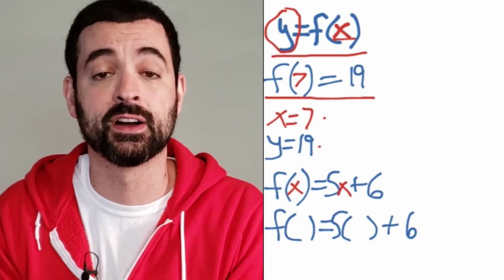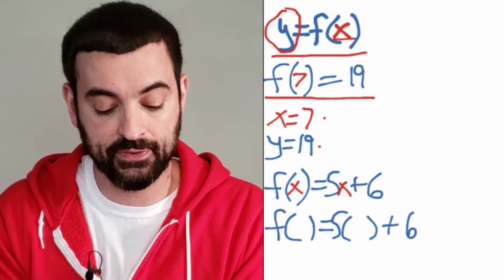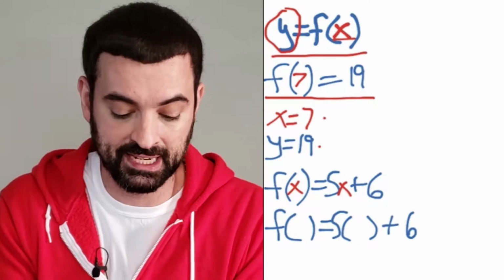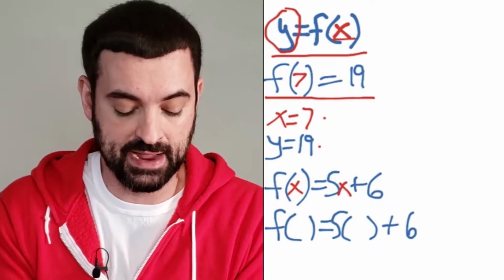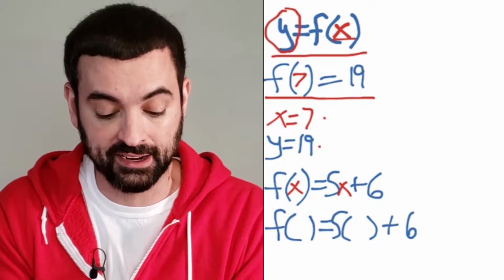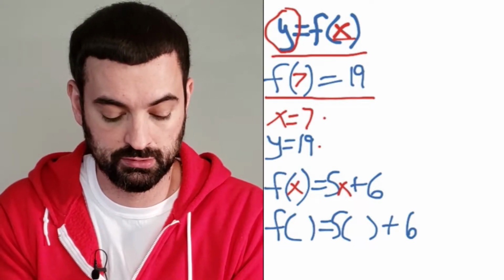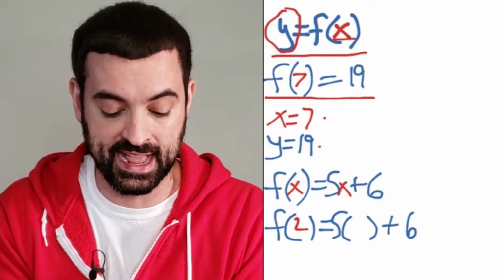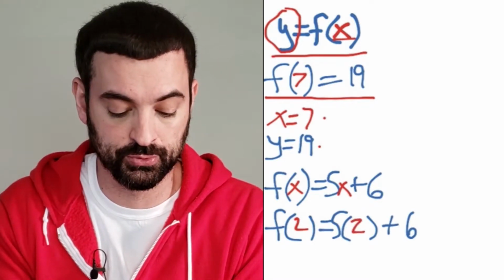Here's a really simple function that I've put together. f of x equals 5x plus 6. This means that if I put any value in for x, let's say 2 in the parentheses, then wherever else I have an x, I should put a 2.